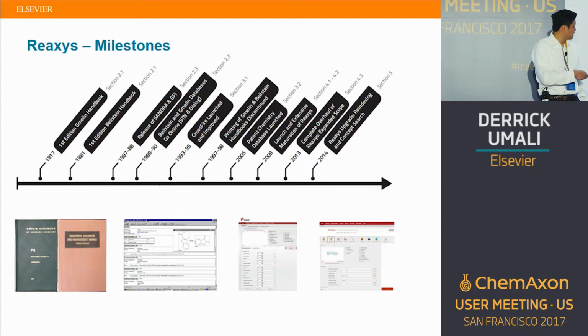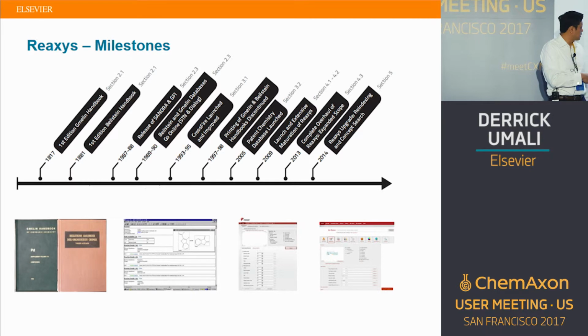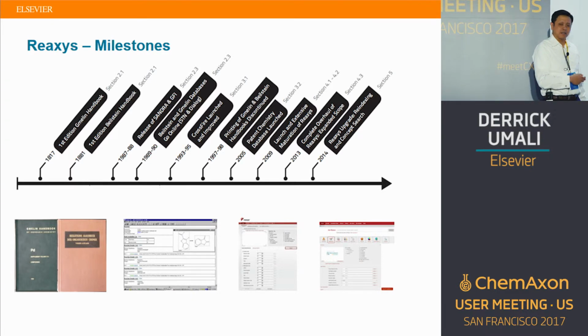A couple of things here. In 2005, the patent chemistry database was launched. That's where we started implementing experimental procedures in Crossfire, so if you search a reaction, you can see the experimental steps to recreate the reaction. In 2009, we transferred most of our customers to the web-based product of Reaxys.